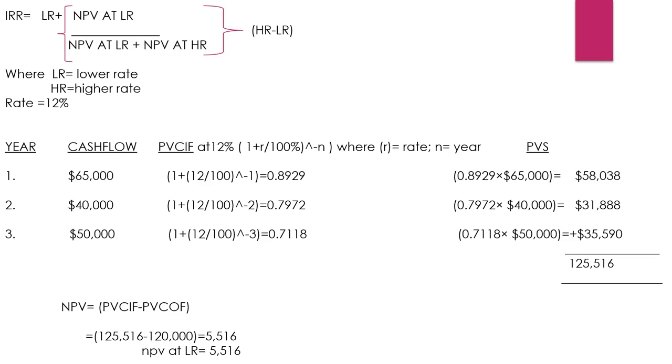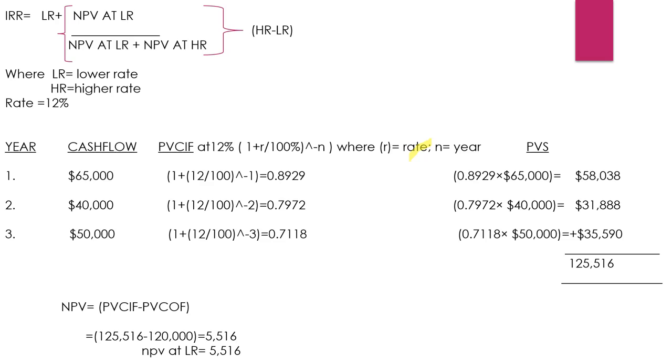The R means the rate of the cost of capital, and n means the year. So PV means the present value of cash flow.